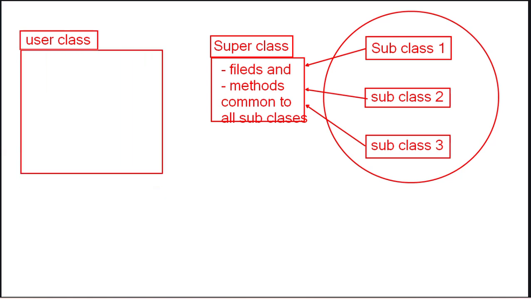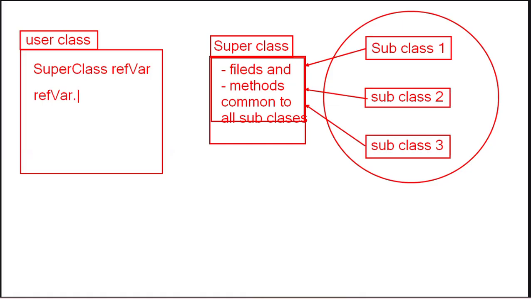A user class accesses operations or fields available in the superclass. How? By using a superclass type referenced variable. Then using that referenced variable dot, we call what? Method. This is the architecture.